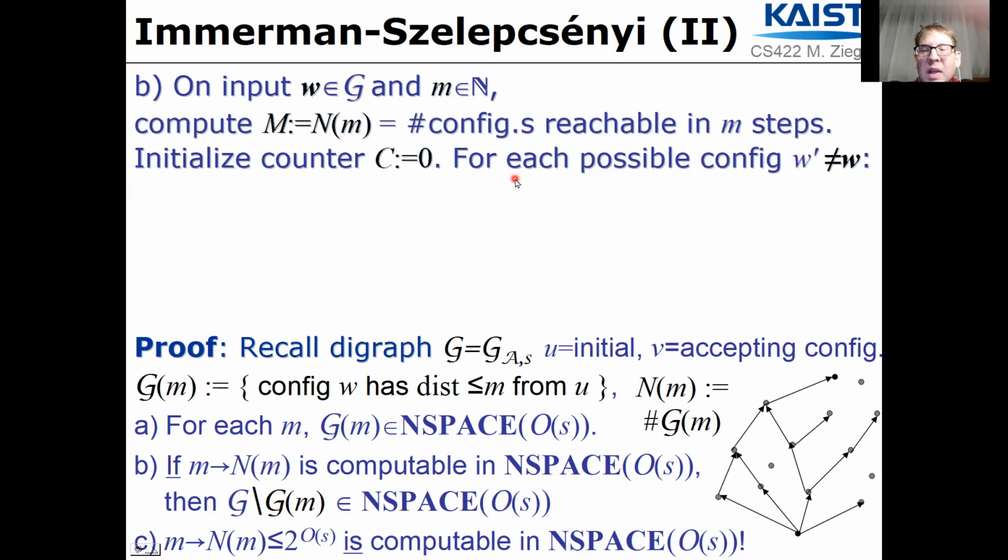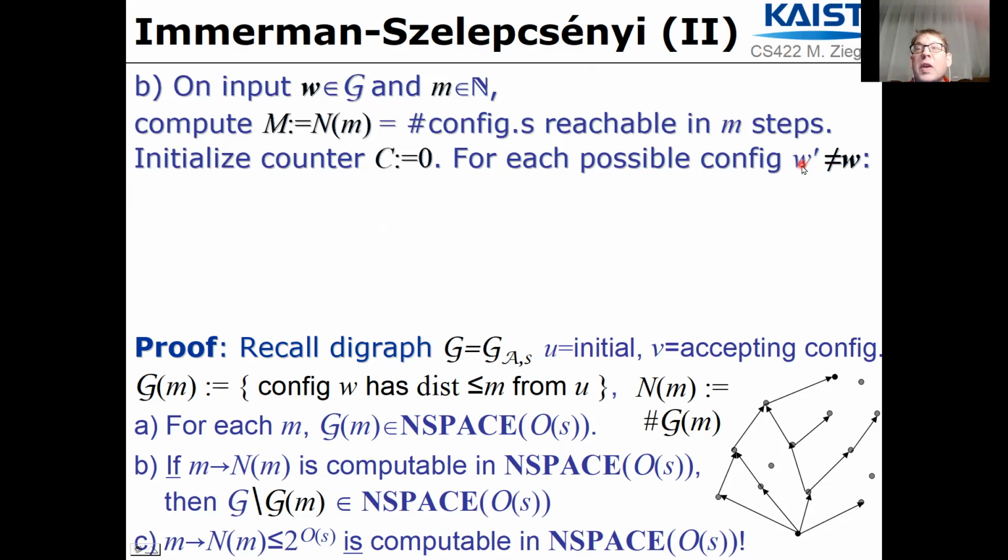And so here's the ingenious algorithmic trick, the first ingenious algorithmic trick of Neil Immerman. Let's first look at the algorithm and then understand it. We initialize a counter, and then we look at each possible configuration in this configuration graph, whether it's reachable or not, any possible configuration W prime.